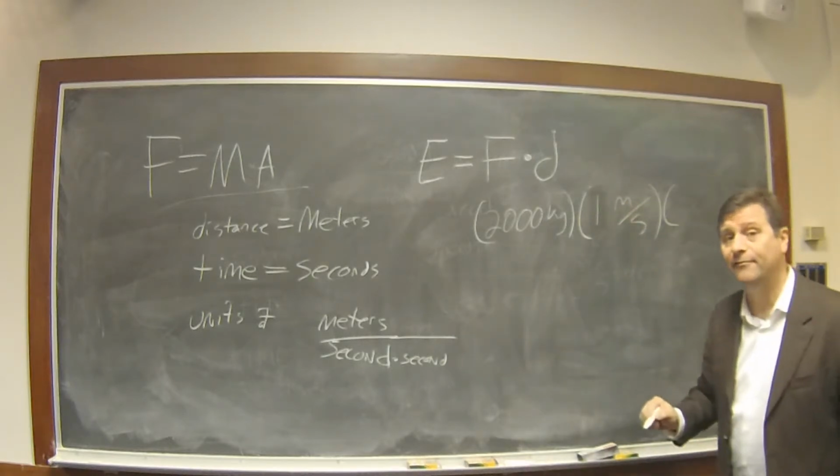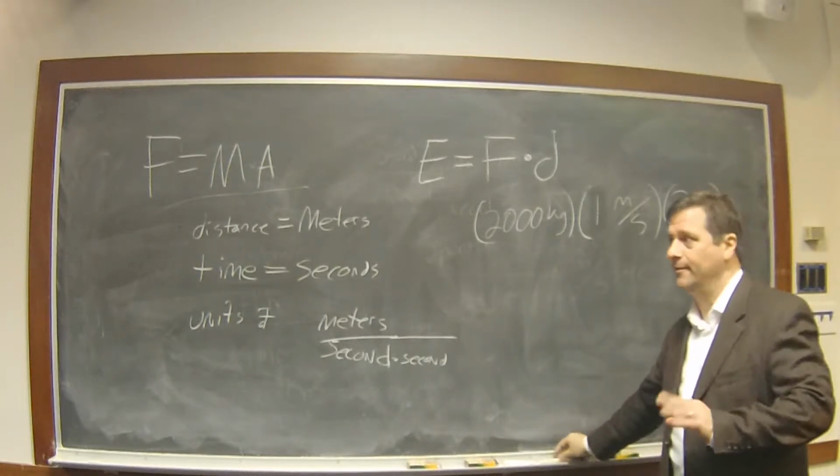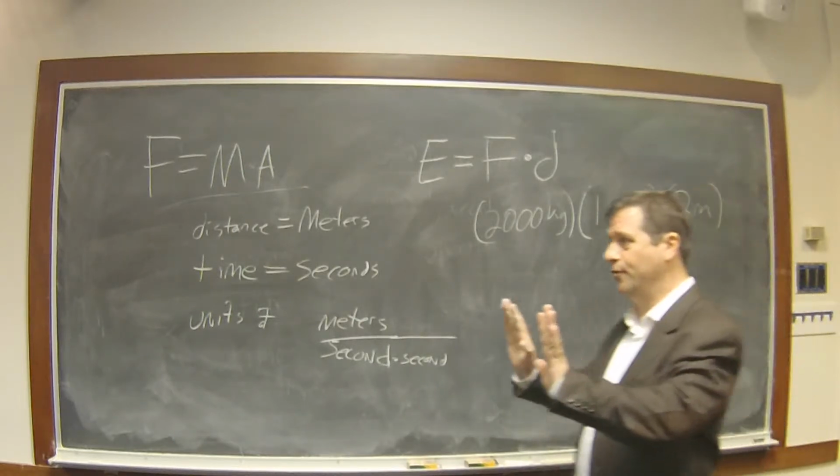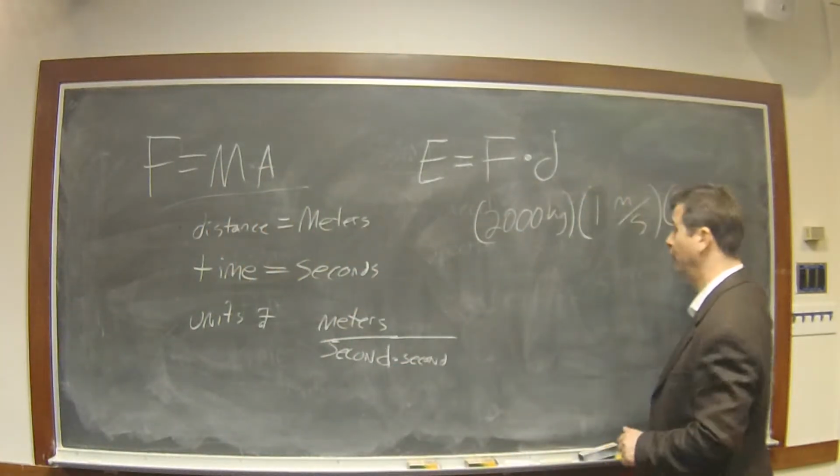And I applied that force for 2 meters. So I went like this. The length across here is about 2 meters. I pushed, and released. So I push on it for 2 meters.